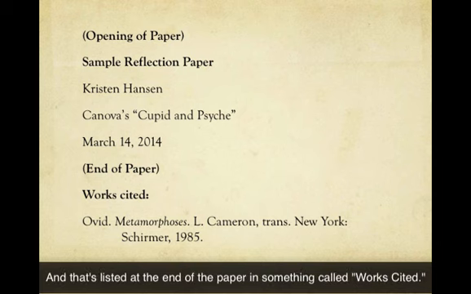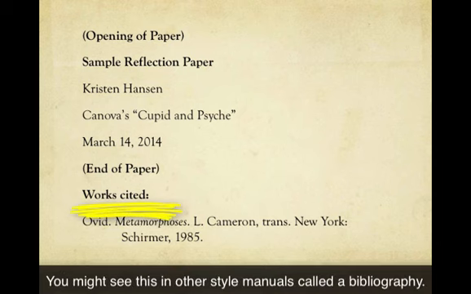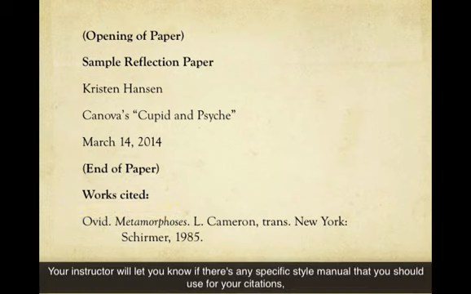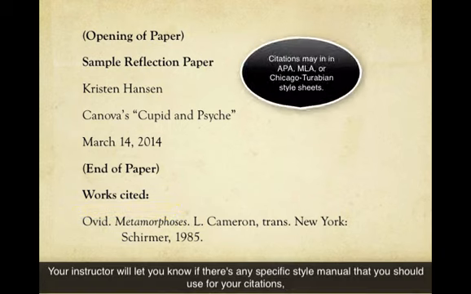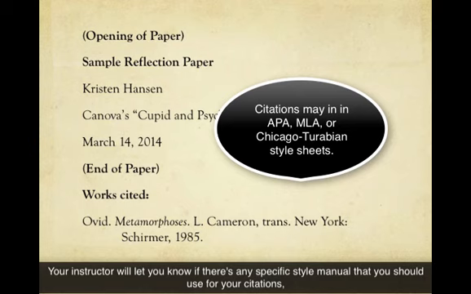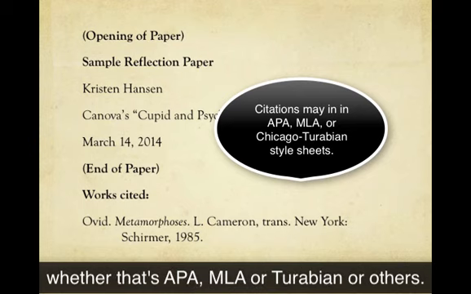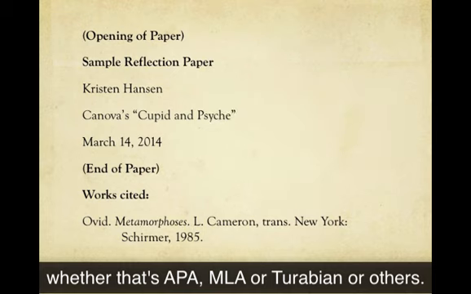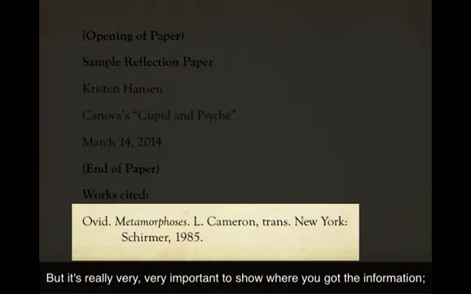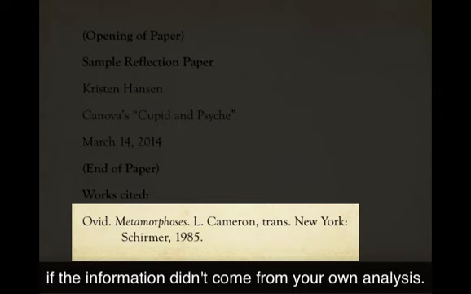And that's listed at the end of the paper in something called Works Cited. You might see this in other style manuals called a bibliography. Your instructor will let you know if there's any specific style manual that you should use for your citations, whether that's APA, MLA, or Turabian, or others. But it's really very, very important to show where you got the information if the information didn't come from your own analysis.